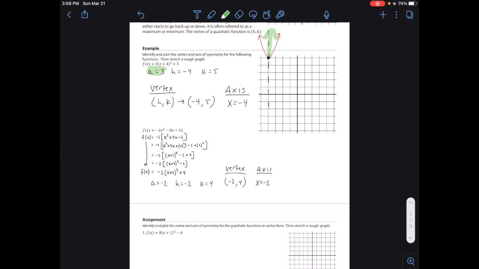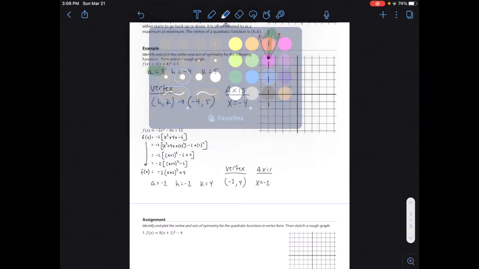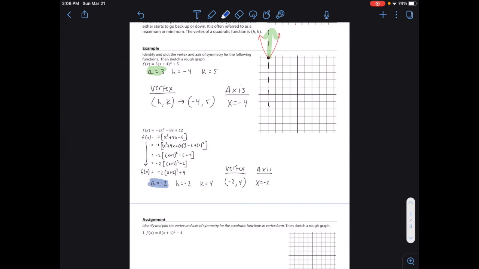When a is negative, that means our graph is going to be pointing down. This one right here is negative, so our graph is going to be pointing down for the bottom one. Or instead of pointing down, we say it's opening down, because the parabola is opening towards the bottom instead of the top.